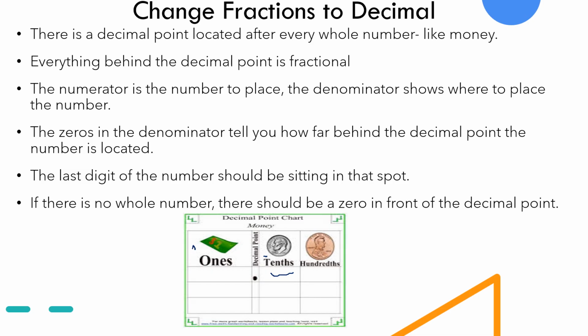And then the second place behind your decimal point, as you can see, we have a picture of a penny. We know that it takes 100 pennies to make $1. So therefore, your second place value behind the decimal point, or your fractional amount, is called the hundredths place. Notice the th at the end.